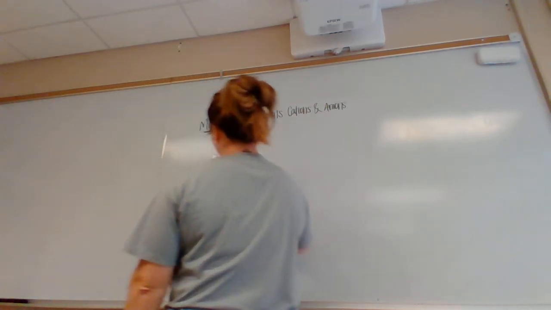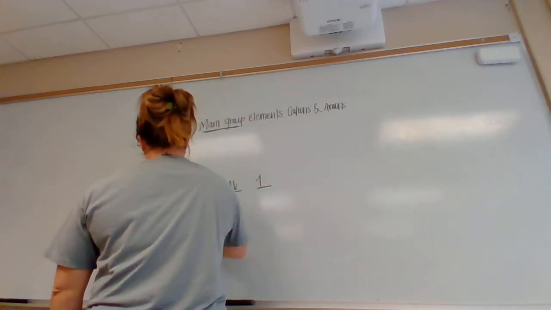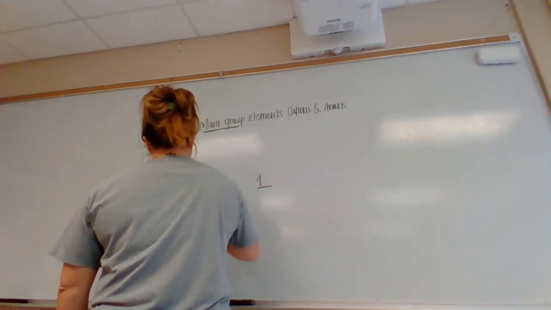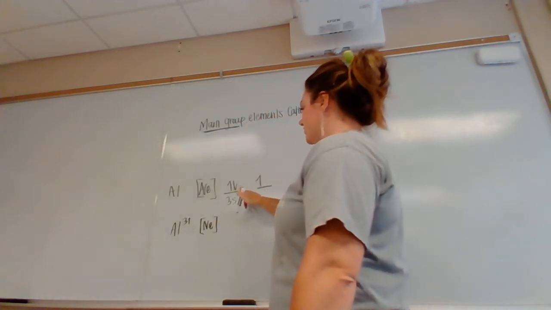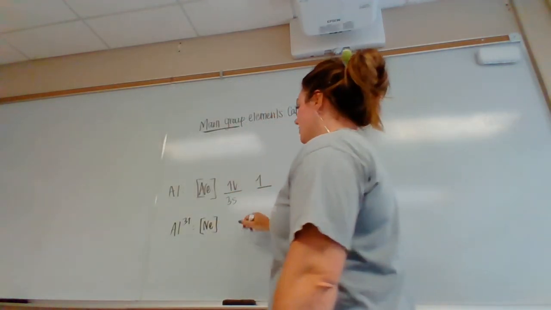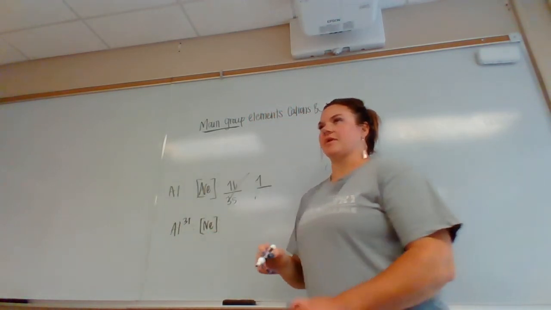So this is normal aluminum. If I form aluminum 3 plus, I remove these 3 electrons, so that's no longer there. So it's just that. That makes sense?